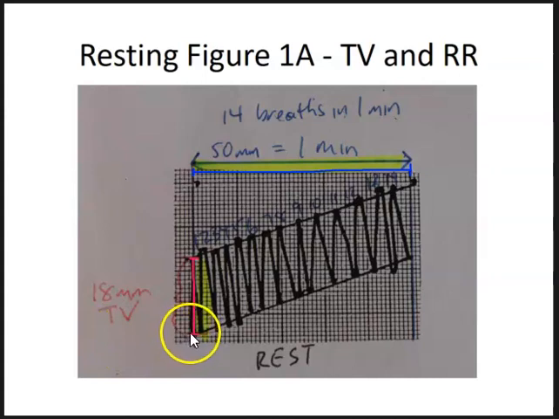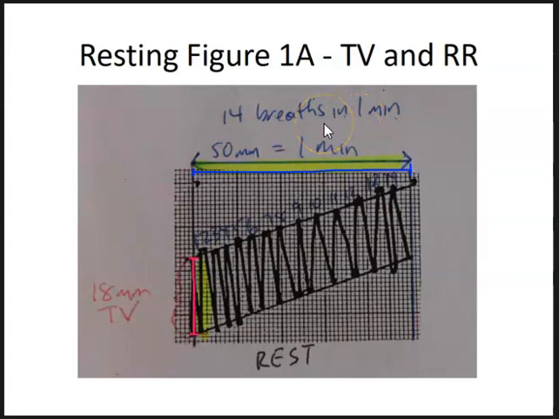We can count the number of squares from the bottom of this line to the top of this line, and we can roughly count about 18 boxes or 18 millimeters for tidal volume. Okay, and then we have our paper speed. From the beginning of the tracing to the end, we have 50 millimeters equals 1 minute.